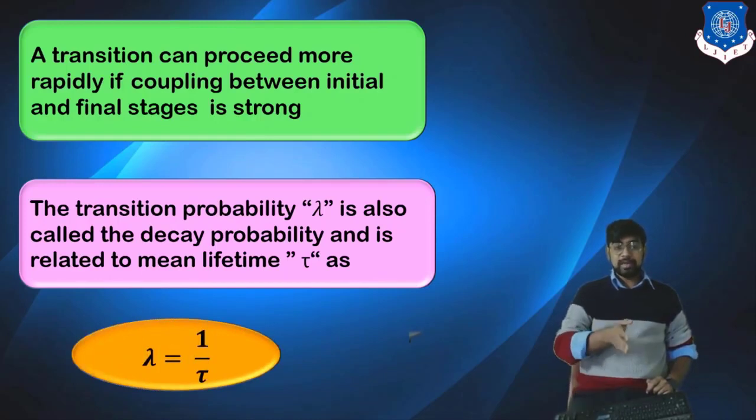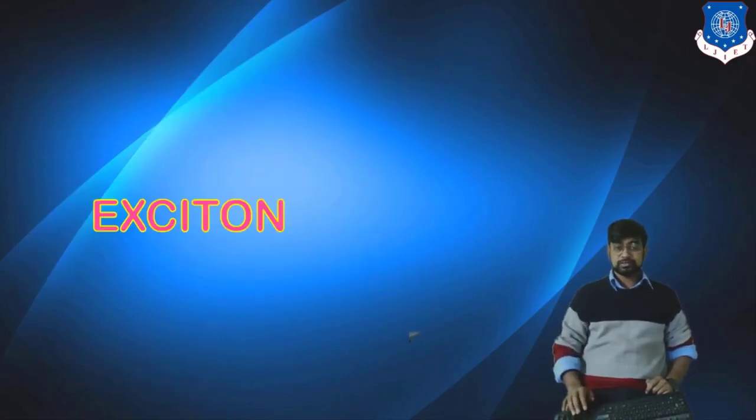So lambda, the transition probability, is equal to 1 by tau. These terms also come up in the laser basics: what is the mean lifetime, what is the decay probability. All these terms are correlated to each other.